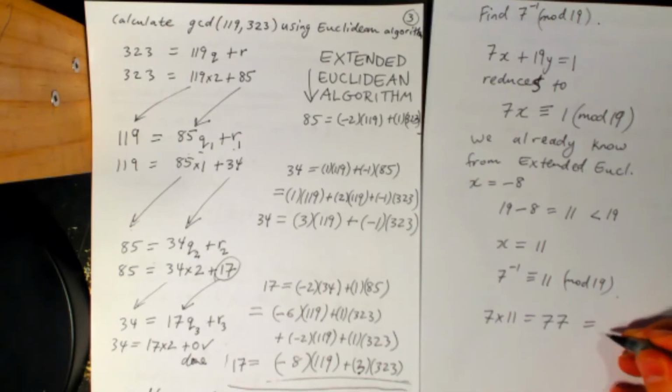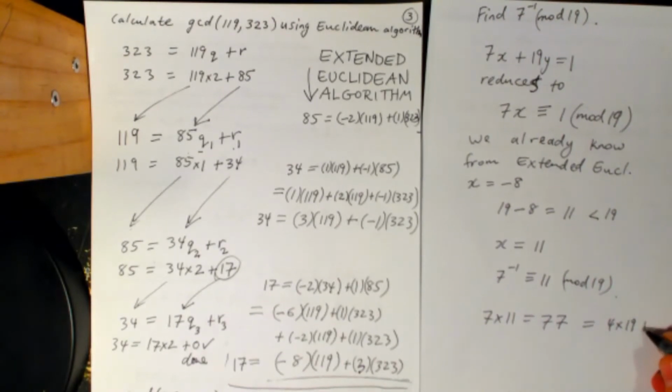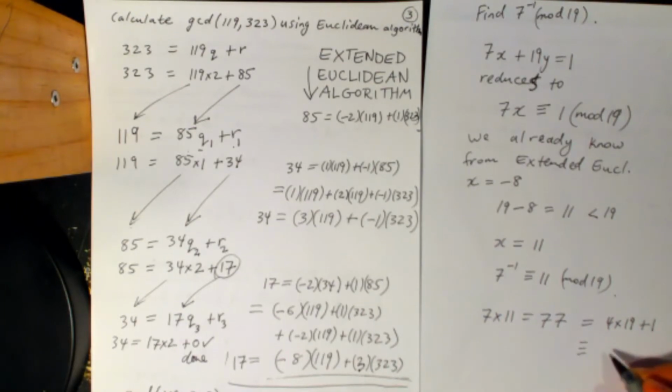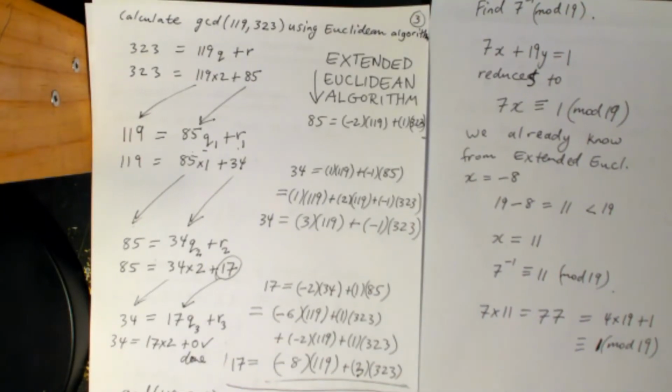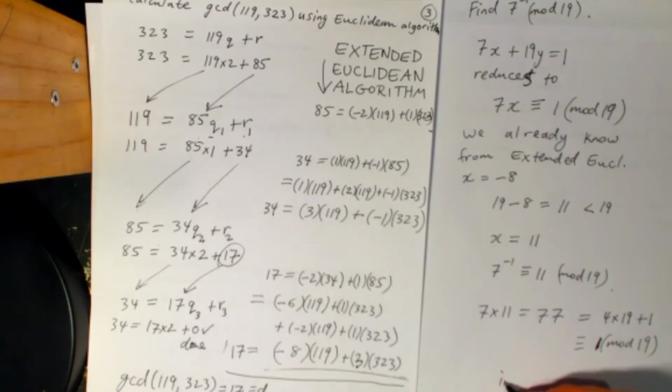Okay, so in other words, this is 4 times 19 plus 1. And so this is congruent to 1 modulo 19. Okay, so we found a multiplicative inverse of 7 in integers mod 19.